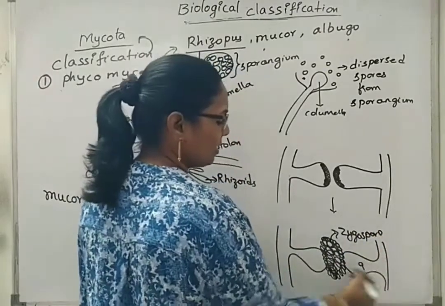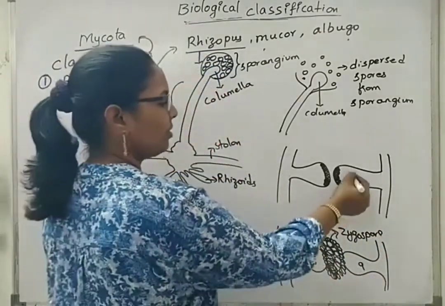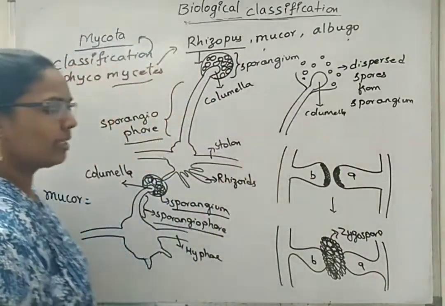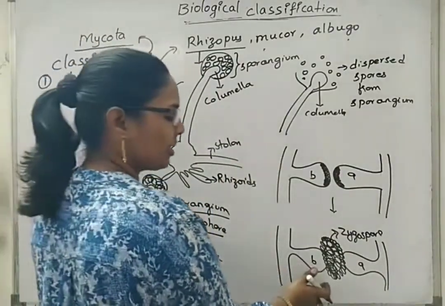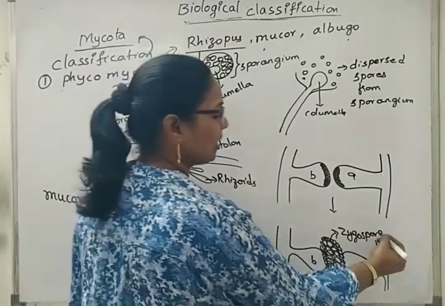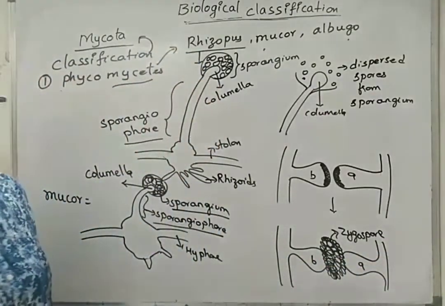Two different hyphae, A and B, fuse to exchange genetic material. The structure formed sexually is the zygospore in case of Rhizopus or Mucor.